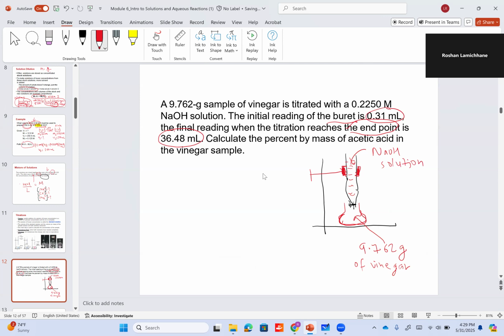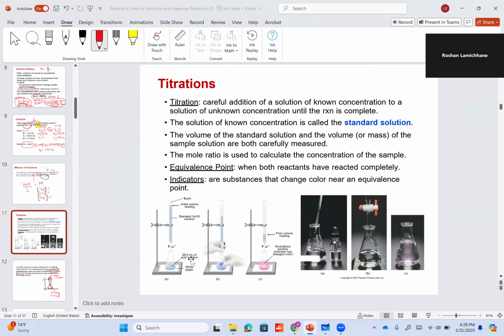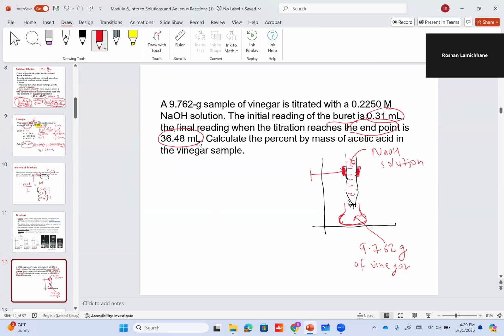At the beginning, whenever you added indicator to your unknown solution, it might have been colorless, right? Once both the reactants have reacted completely, that one extra drop is going to make that colorless solution very slightly pink. And that's how I reach my final volume of 36.48 milliliters.